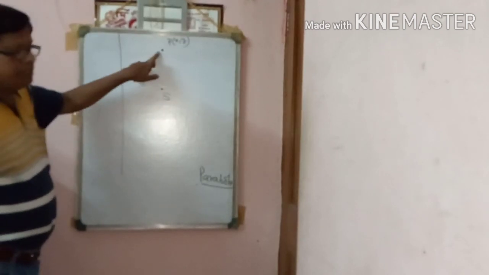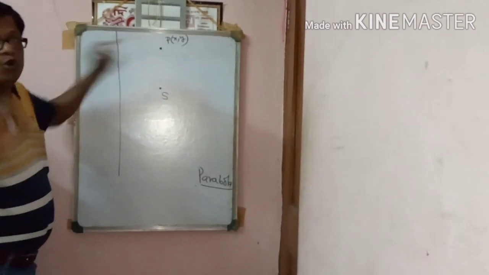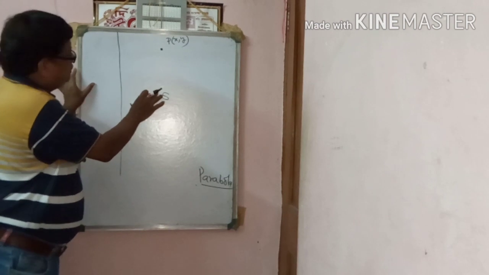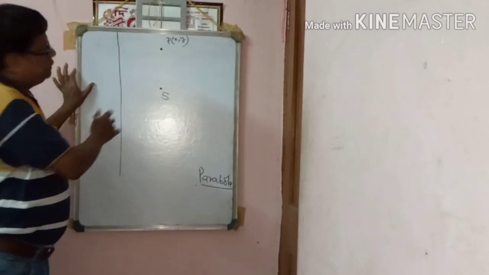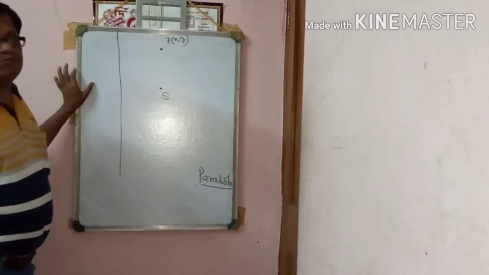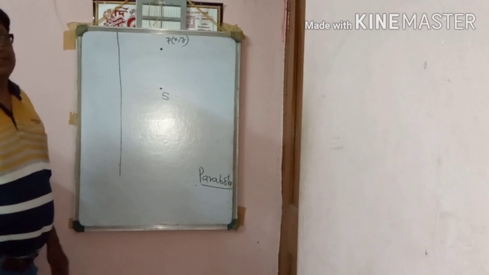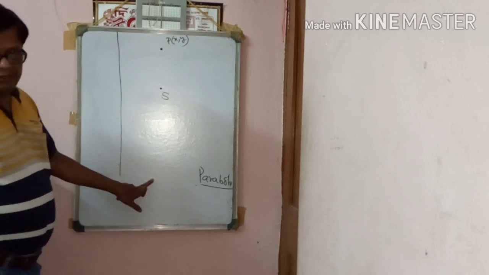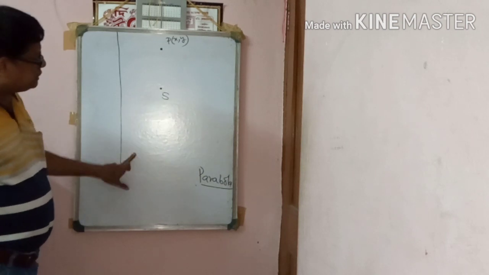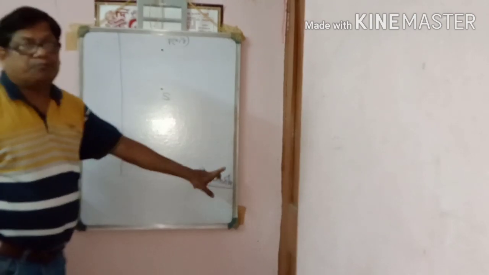A point moves in such a way that the distance from S and the distance from the fixed straight line are always the same. Then the path covered by the point is called its locus, and the name of the locus is parabola.